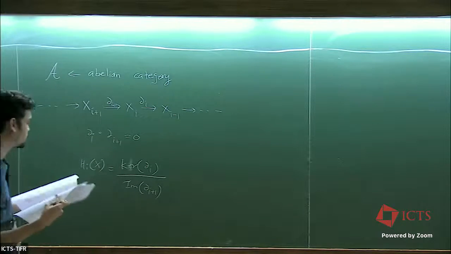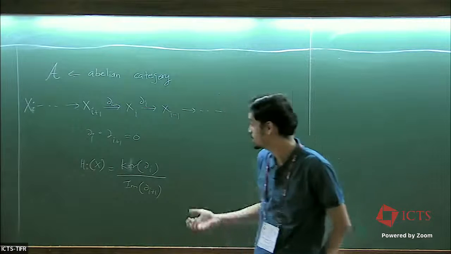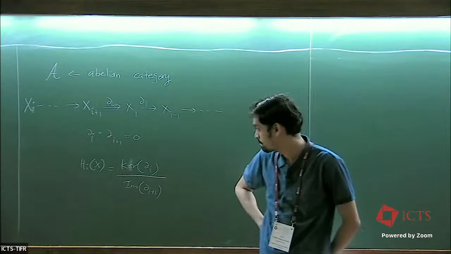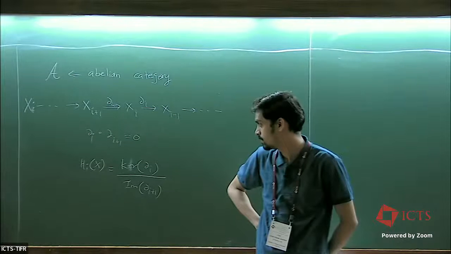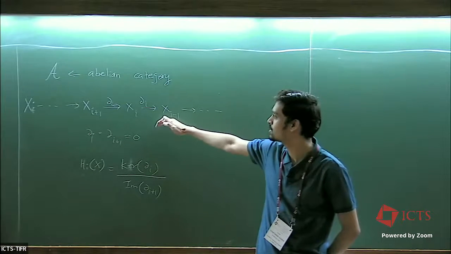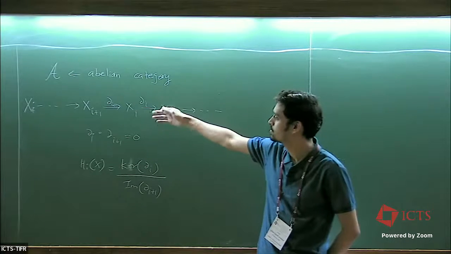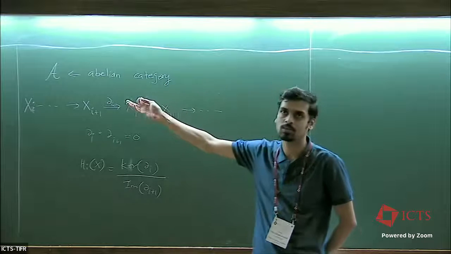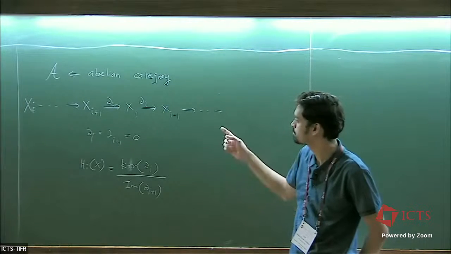And as we saw in today's talk, these complexes naturally arise in topology as well as in algebra. In algebra, we have free resolutions, whereas in topology, you have singular chain complexes and things like that.